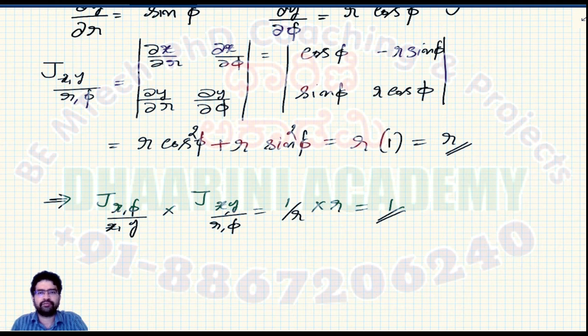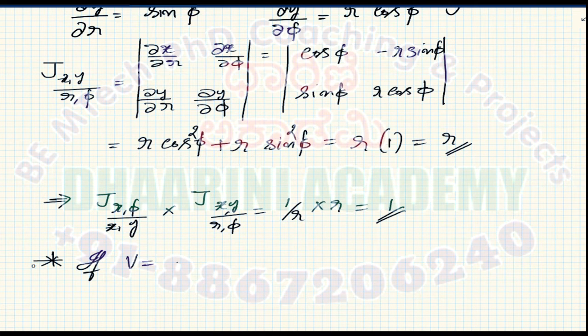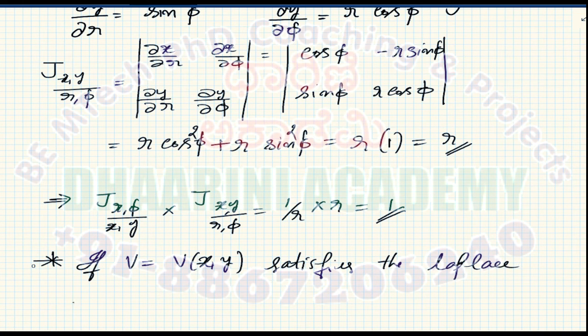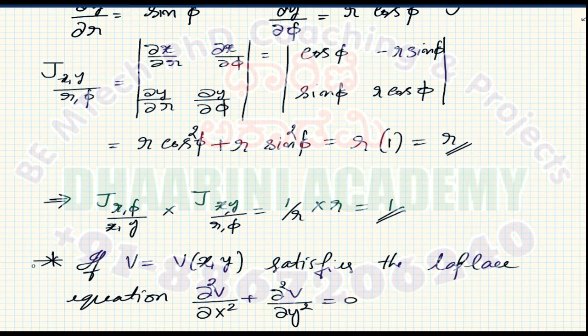Now, let us solve an engineering problem, that is: V is equal to V of x comma y satisfies the Laplace equation, that is dou squared V by dou x squared plus dou squared V by dou y squared equal to 0.